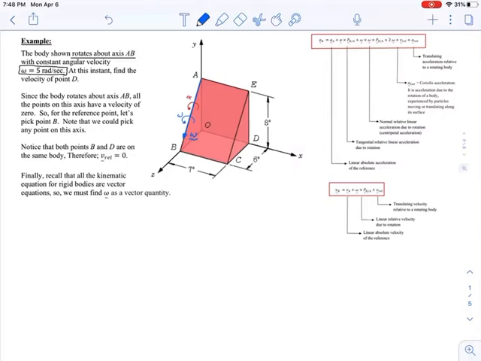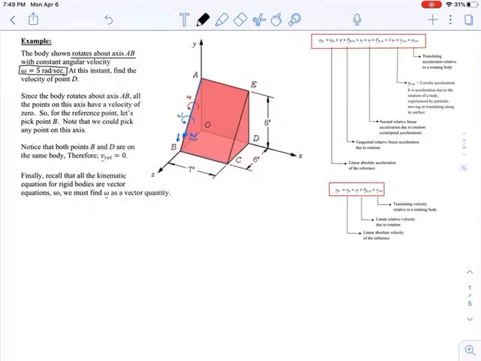If you use the right hand rule, point your thumb in that direction. As you rotate, you can see that the vector is going in the same direction as the axis at which the rigid body is rotating.